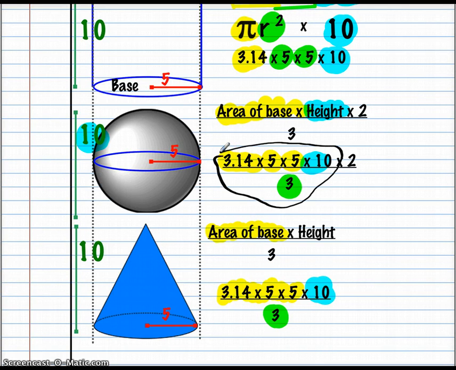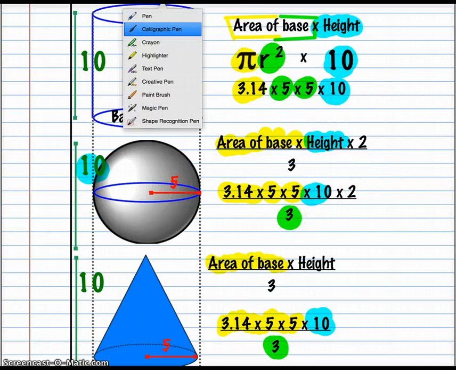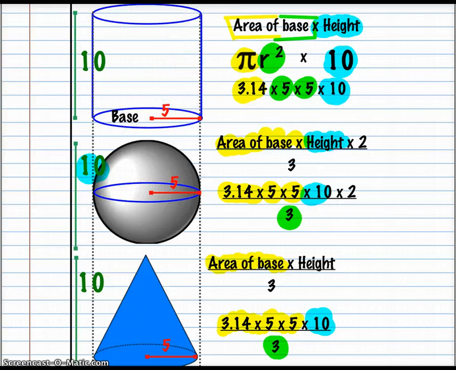Okay, now because it filled up 2/3 of this cylinder of the same base and height, 2/3 means I divide by 3, and then now my last section I'm going to multiply it by 2 because it represents 2 cones. Okay, a sphere in volume is equal to 2 cones.